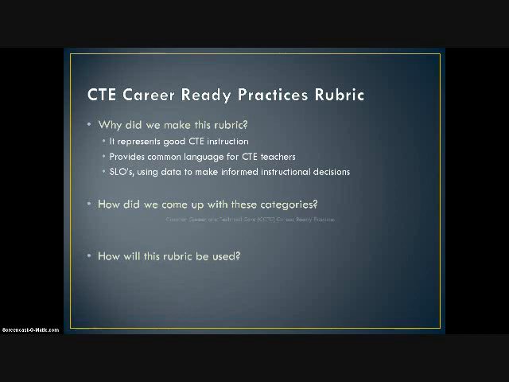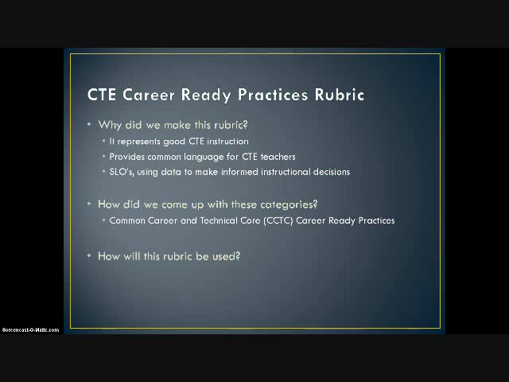So how did we come up with these categories? The 6 categories that you have on this rubric are from the Common Career and Technical Core's Career Ready Practices. There are 12 Career Ready practices that focus on what students need to know and to be proficient in to be career ready.